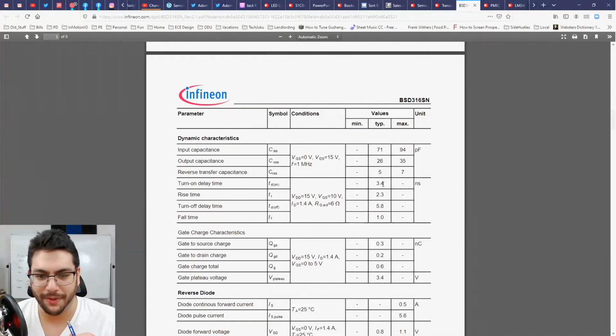So if I add these together, 3.4, 2.3, so that's 5.7. 5.8 plus 5.7 is going to be 11.5.